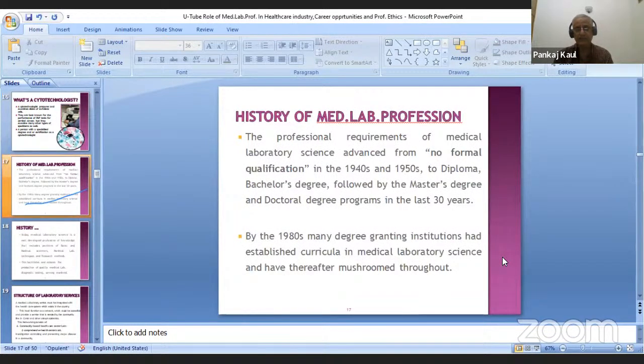As far as the history of the medical lab profession is concerned, the professional requirement of medical lab science advanced from no formal qualification in the 1940s and 1950s to diploma, bachelor's degree, followed by master's and doctoral degree programs in the last 30 or 40 years. By the 1980s, many degree-granting institutions established their curricula in medical lab science and have thereafter mushroomed throughout the country and globe.